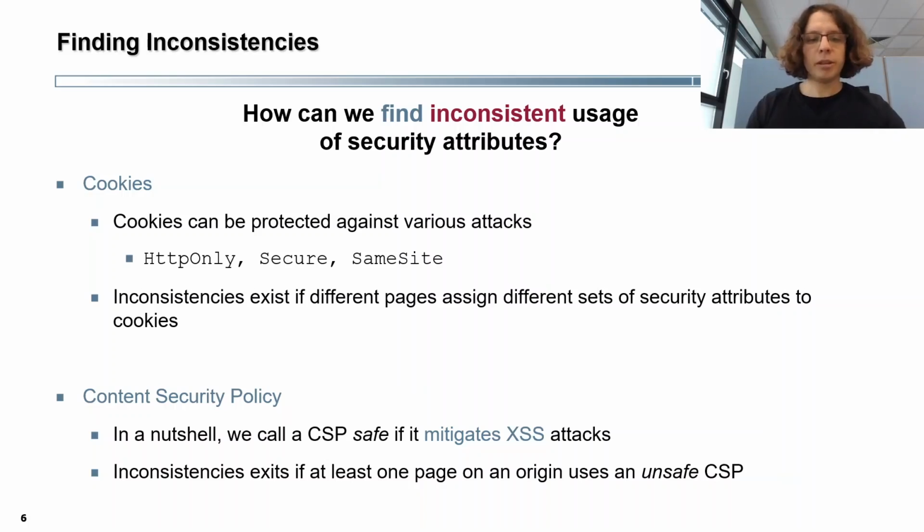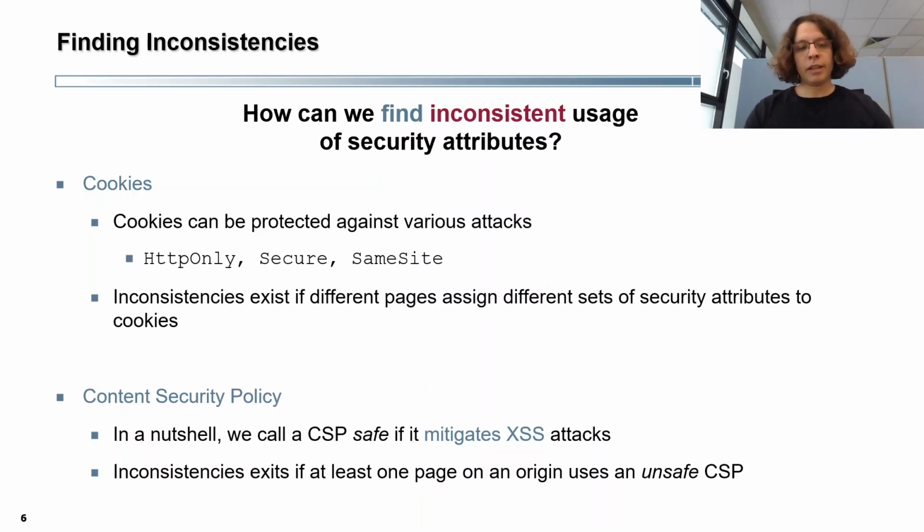For content security policies, it is pretty straightforward. In a nutshell, we call a content security policy safe if it mitigates XSS attacks. Again, in the paper, you will find a more formal definition which relies on previous work. But for now, let's just consider this very simple definition.